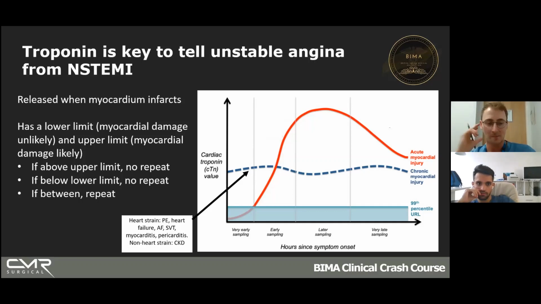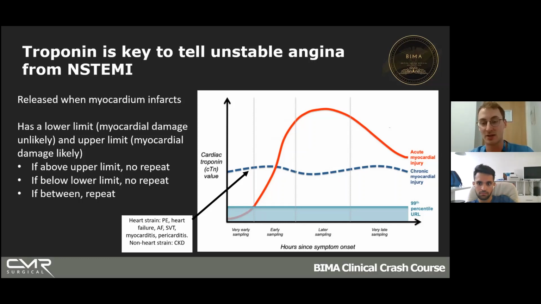Now I've written here about an upper and a lower limit to troponin. So troponin is a bit of a weird blood test in that it's not just got one upper limit, like, I don't know, a CRP is below 10 normally or whatever, and then if it's raised, it's raised. Troponin, at least in the labs where I work, the range is 2 to 260. And what this means is that below the lower limit, so 2, it means that there's definitely no cardiac damage.